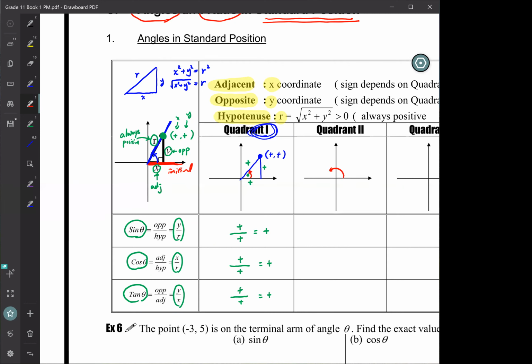So our terminal arm will be here now, okay? So I pick a point on there, right? For the sides to be named, we need to have a right triangle, but we don't have a right triangle here, right? If I try to draw this way, that's not a right triangle. So if you want to get a right triangle, you need to draw the triangle differently.